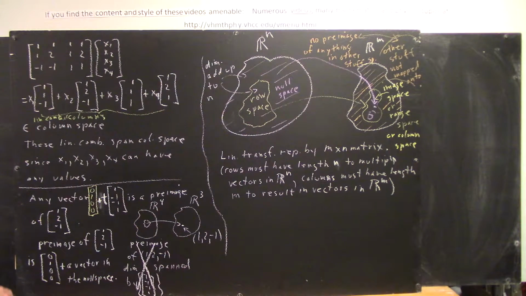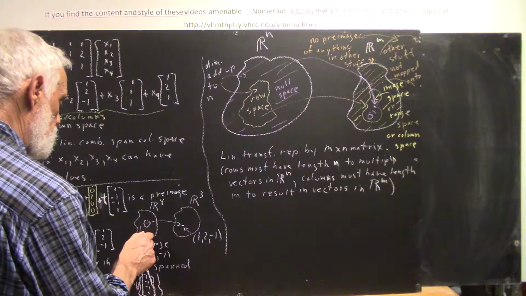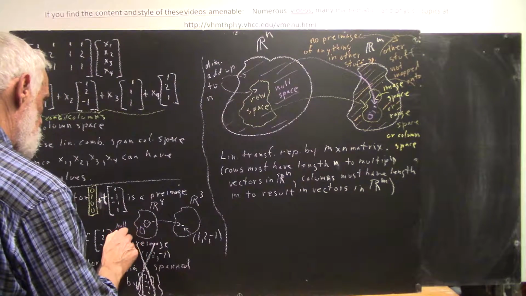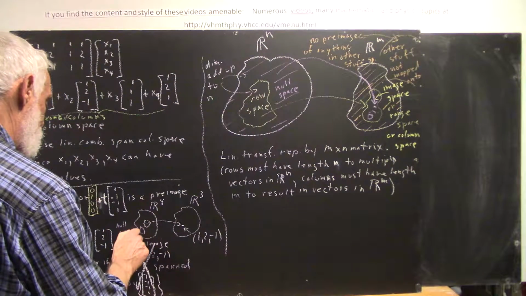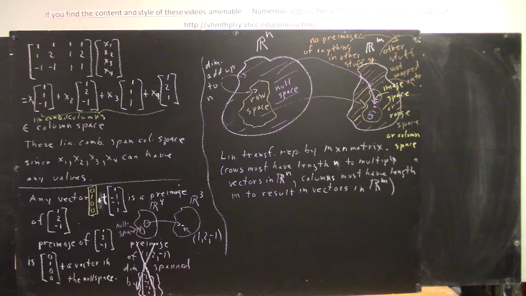So it's like you've got the null space here, and let's color the null space the same as we did before. Let's just say that this little blurb here indicates the null space.